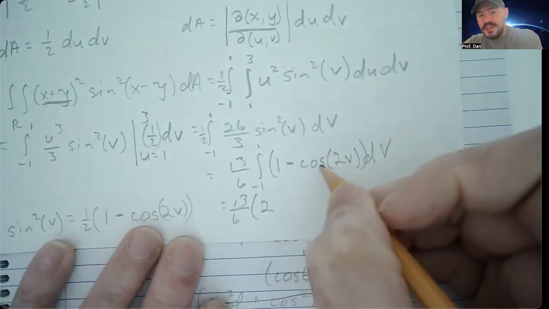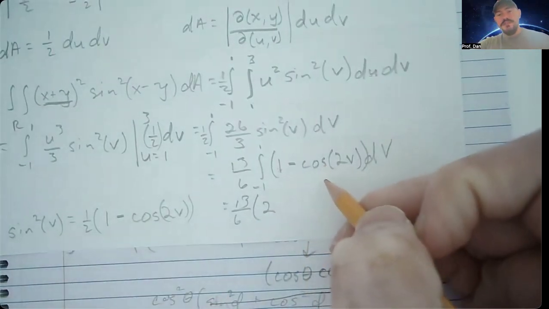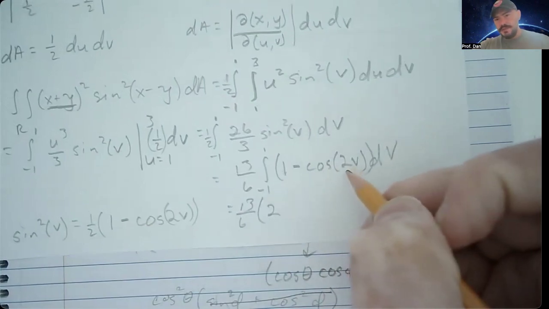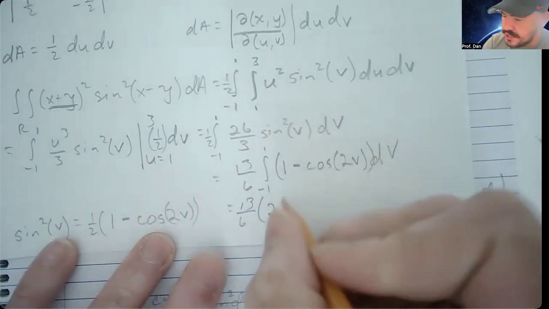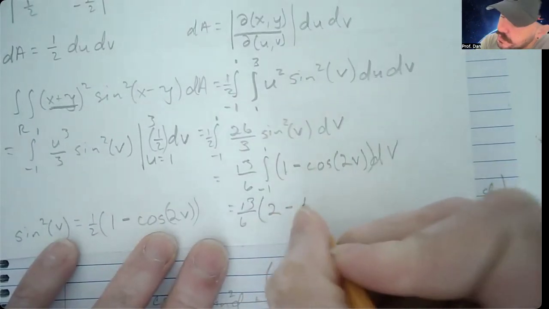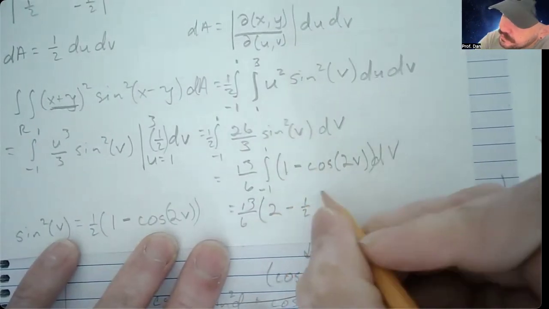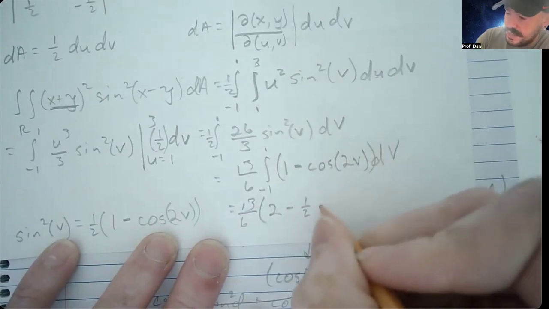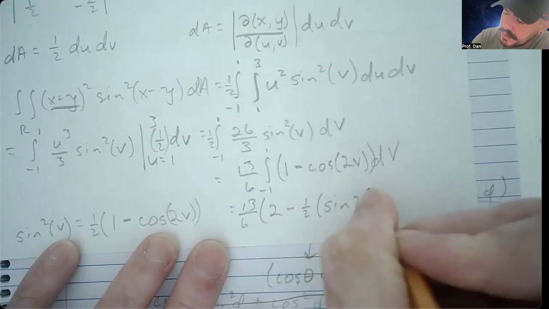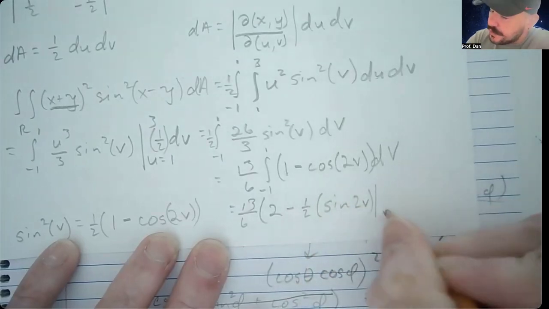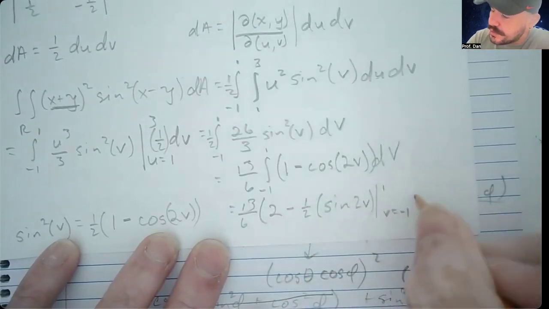The antiderivative of cosine is sine. Because we have that coefficient of 2, there's going to be a factor of 1/2. So that's going to be minus 1/2 sine of 2v, evaluated from v equals -1 to v equals +1.